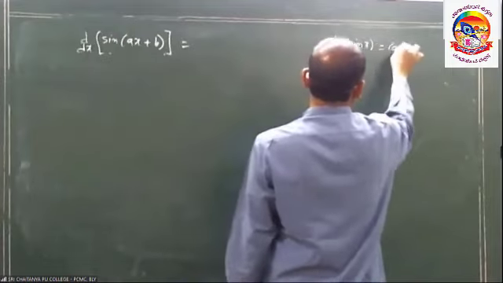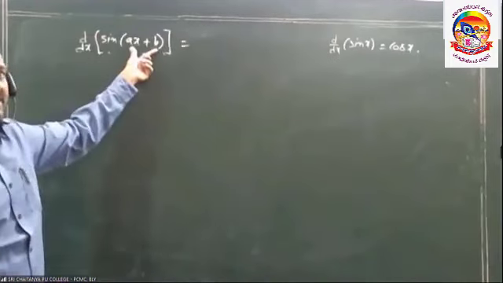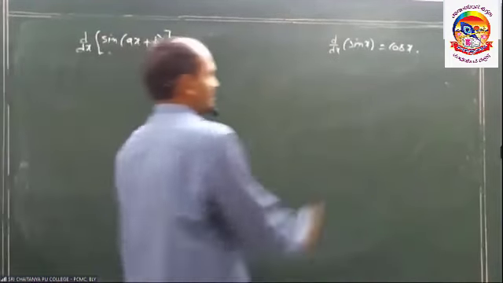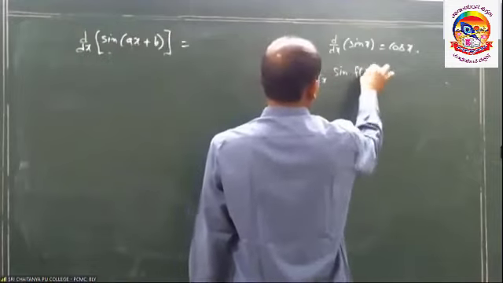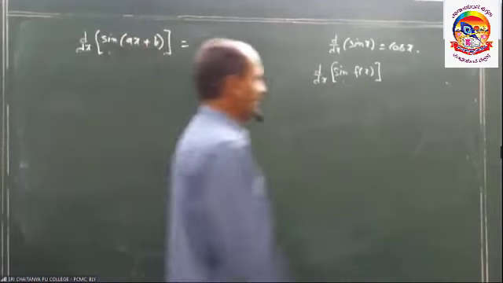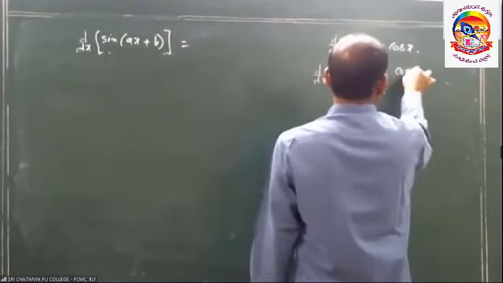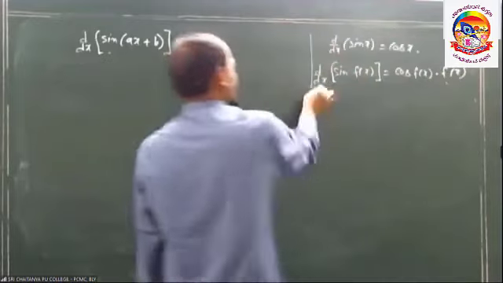Cos x. But it is not x. Ax plus b is another function. So clearly it is the derivative of sin f of x form. So cos f of x into f dash of x.